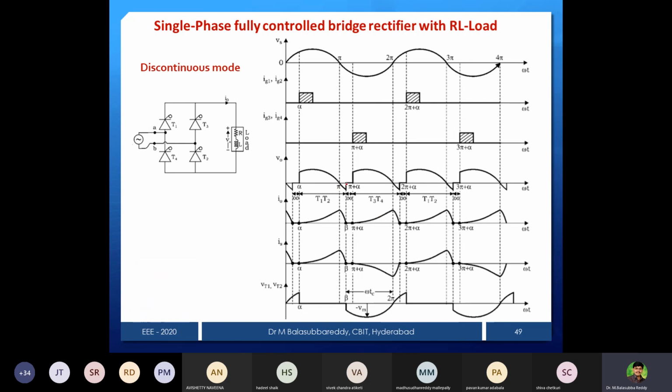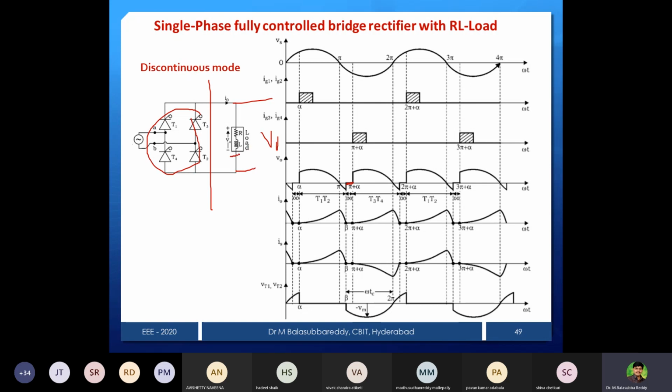You can see here I made it 0. Why did I make it 0? No device is conducting, so load and source are isolated because T1, T2 are off and T3, T4 are off. Both are off, that's why I made it 0 there. But now, even though the left-hand side devices are all open, I want to measure at the load side. So here I want to measure the output.